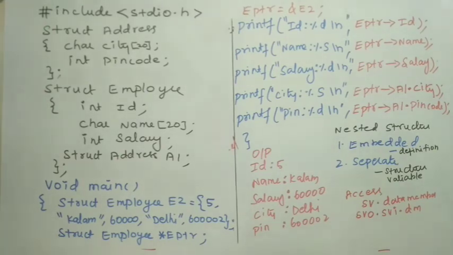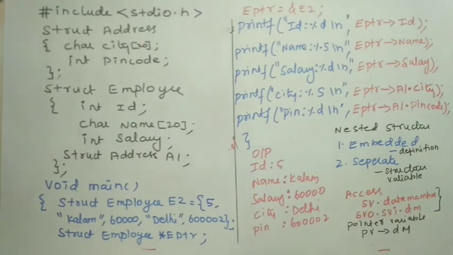So if I want to access using a pointer variable, how to access? This is how to access the data member using a structure variable. If I use a pointer variable, how to access the data member? Pointer variable, arrowhead operator and then data member to access the data member of my outer structure.